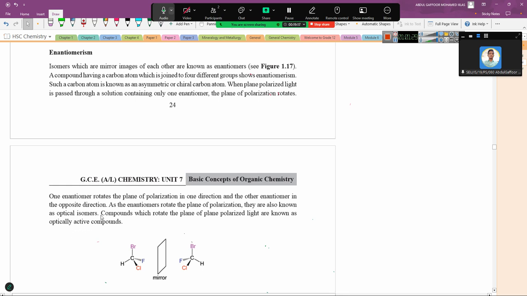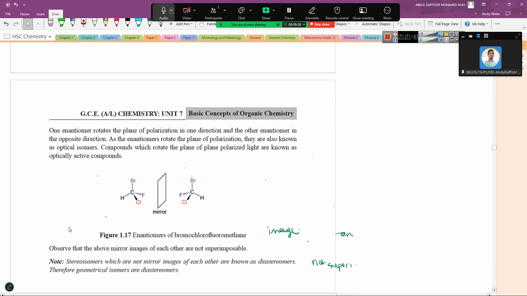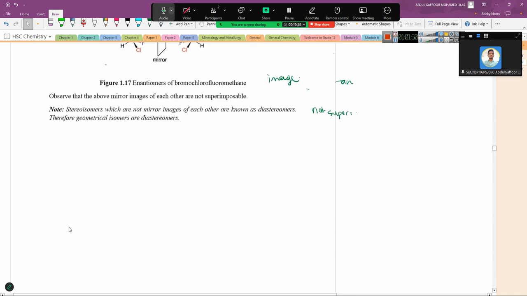The name optical isomers is given because when we strike the light, it will be reflected in the opposite directions. Compounds which rotate the plane of polarized light are known as optically active compounds. You don't need to worry about that now.